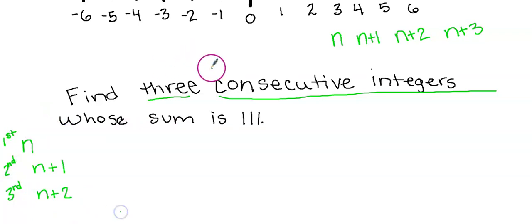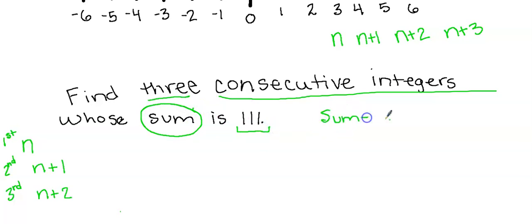Now, this is a pretty basic version of a consecutive problem. They want us to find 3 whose sum is 111. Sum just means the answer you get when you add.